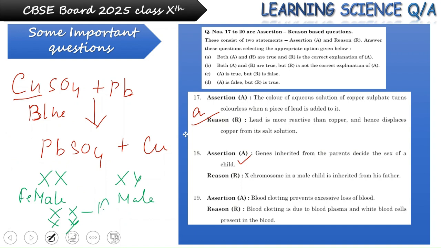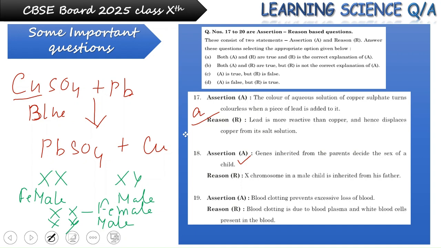So if it gets X from both the parents, the child will be a female, and if Y is inherited from the male parent, the child will be male.